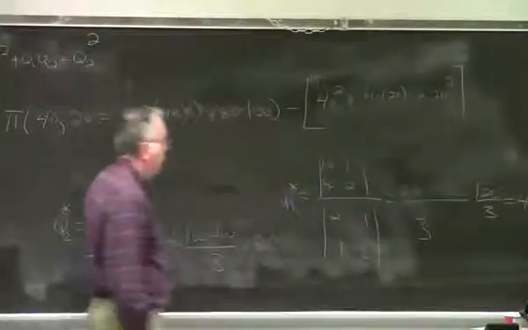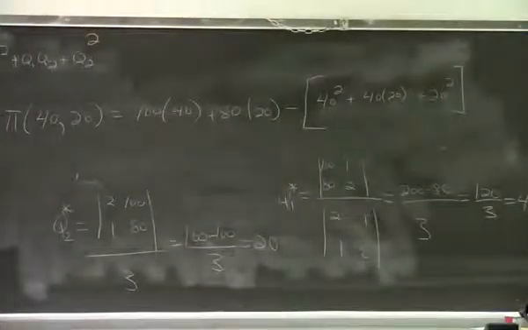So if you calculate this number, you will get the maximum profit. And I'll let you just do that as an exercise. And that would be the top of the profit hill.